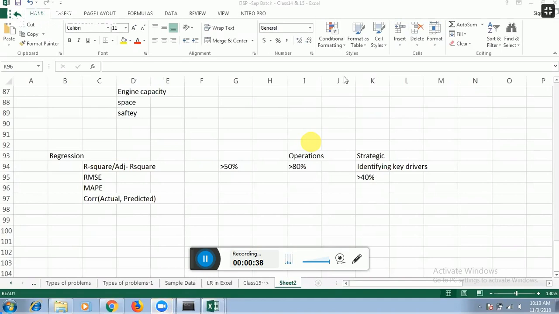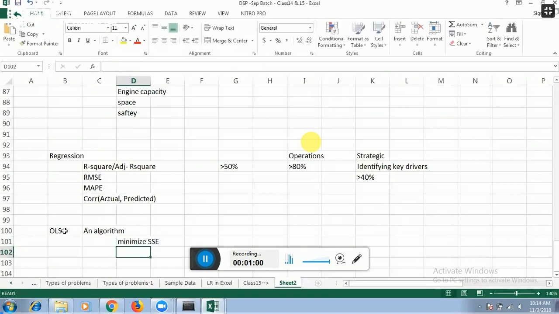Sir, OLS is a technique in linear regression. Correct. OLS is an algorithm, right, which I was mentioning. The optimization problem is to minimize the objective function, which is what? The sum of squares of error, right?